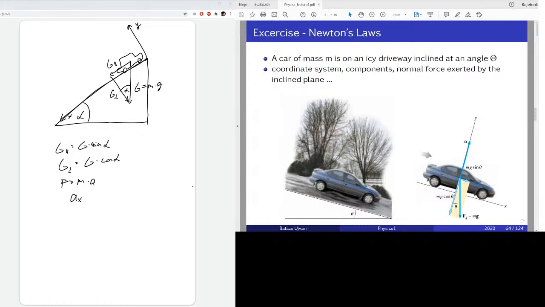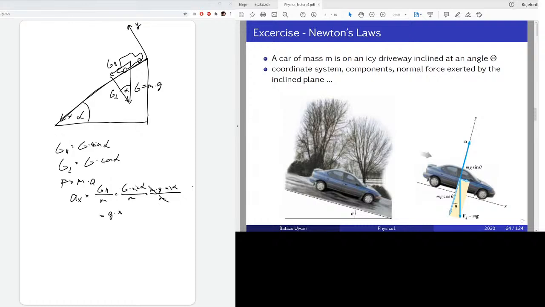The AX equals the Fx, the force along X, the G parallel, divided by mass. So it's m times g times sinus alpha divided by mass, which is g times sinus alpha.